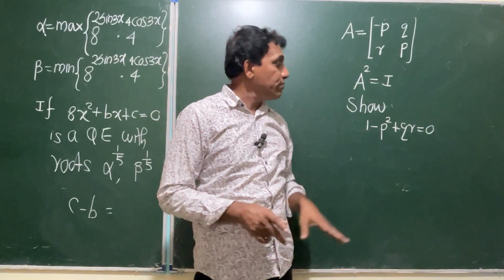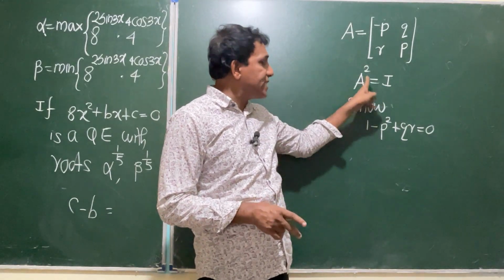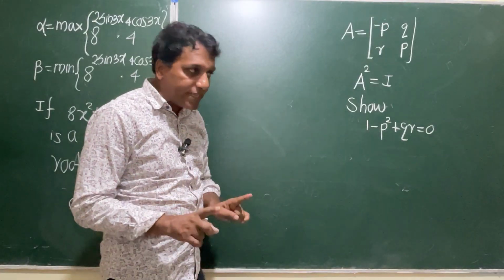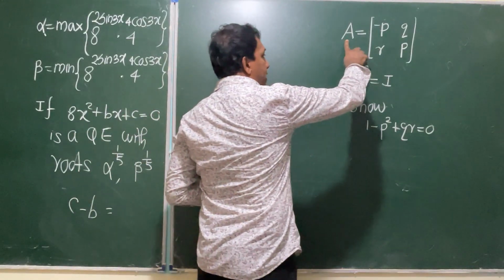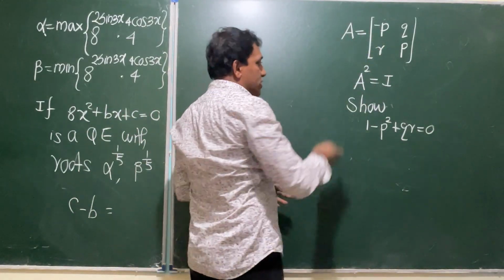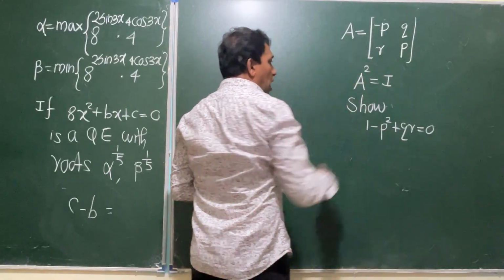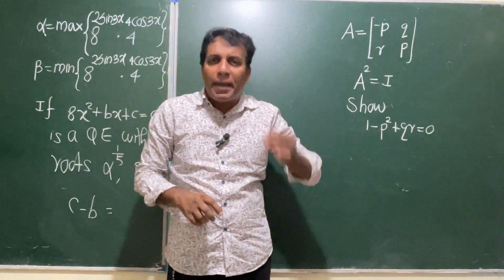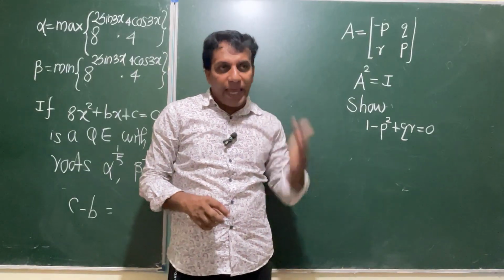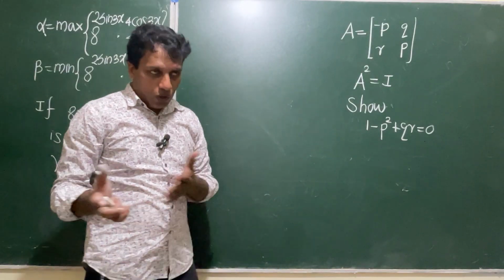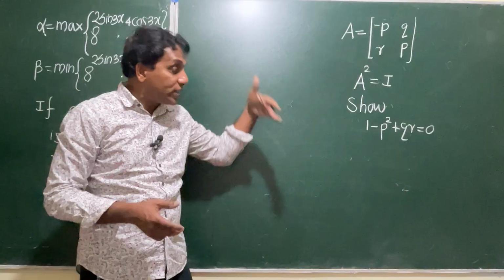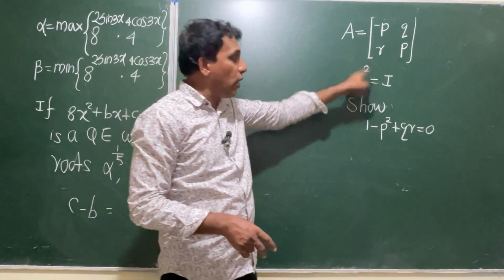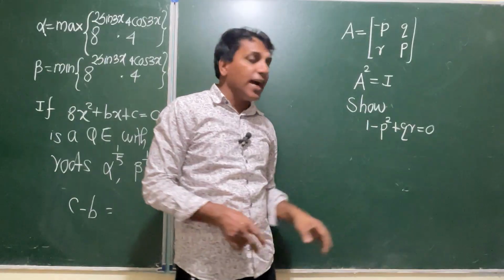And they also say such that A square equals I. A is a matrix like this, such that A square equals I. What is A square? Squaring a matrix means multiplication, A multiplied by A, by the ordinary method.